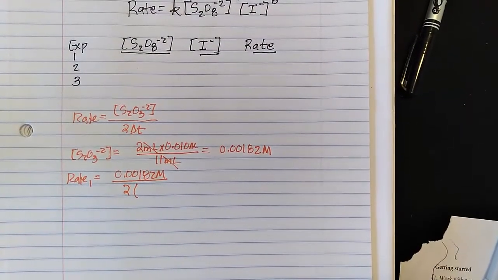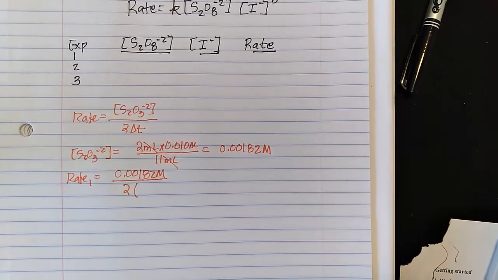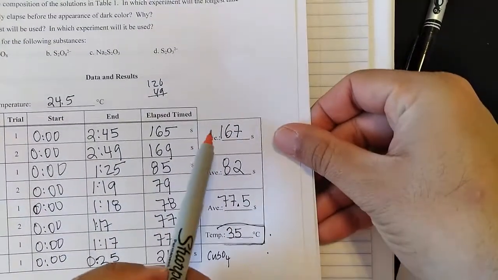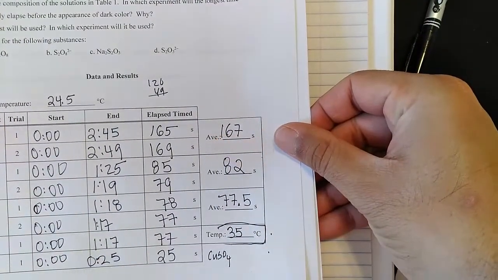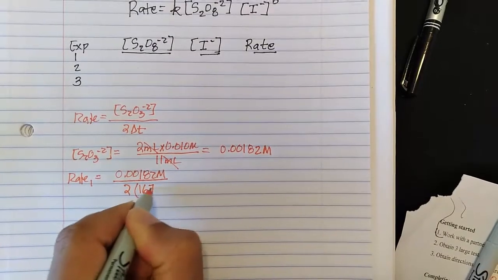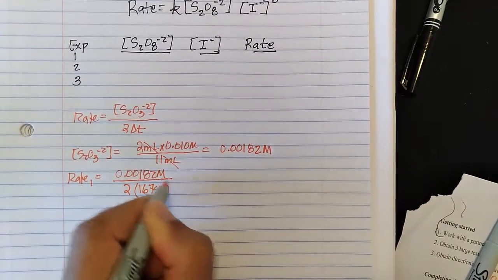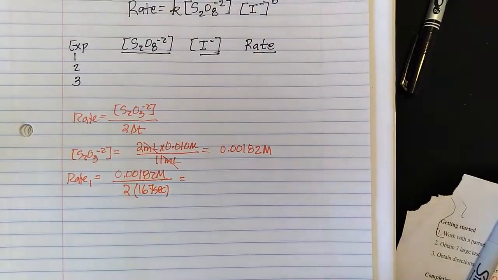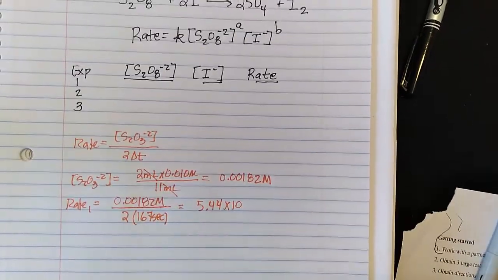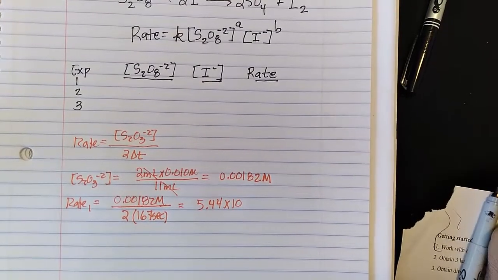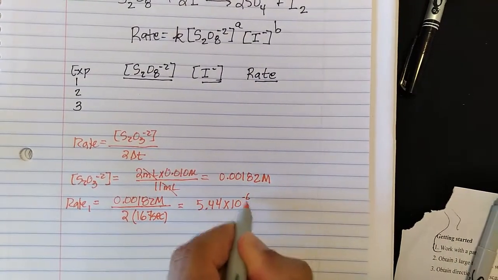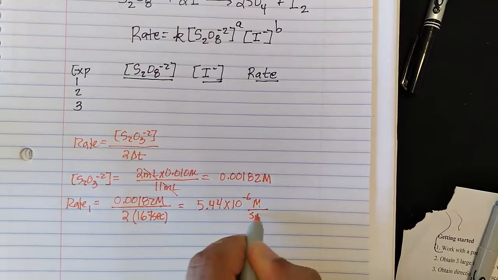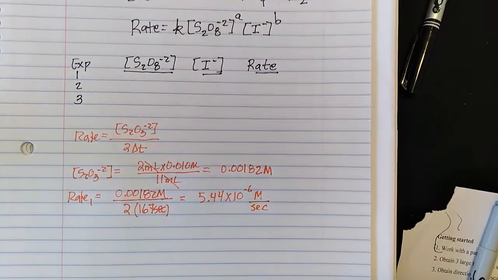Going back to our data table, the time for experiment 1, we'll just take the average value, 167 seconds. We want to be very cognizant of our units here because rate is concentration over time. Doing this on our calculator, we get 5.44 times 10 to the minus 6, and our units are going to be molar over seconds.